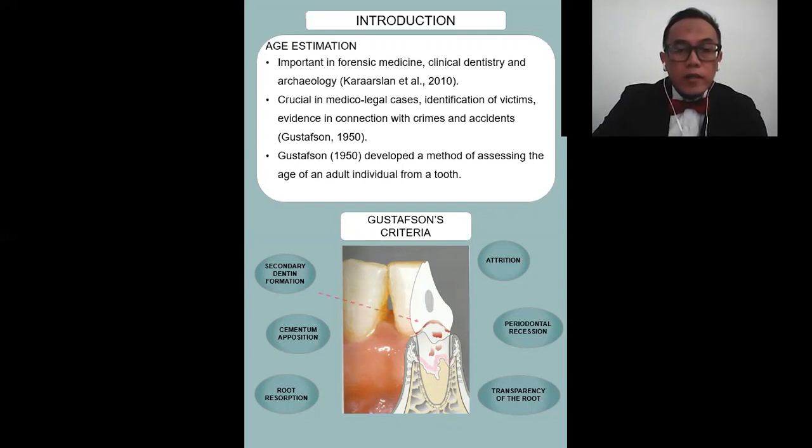Criteria number 1 is secondary dentin formation. Criteria number 2, cementum apposition. Criteria number 3, root resorption. Number 4, attrition. Number 5, periodontal recession. And number 6, transparency of the root. So I use these criteria in my project.